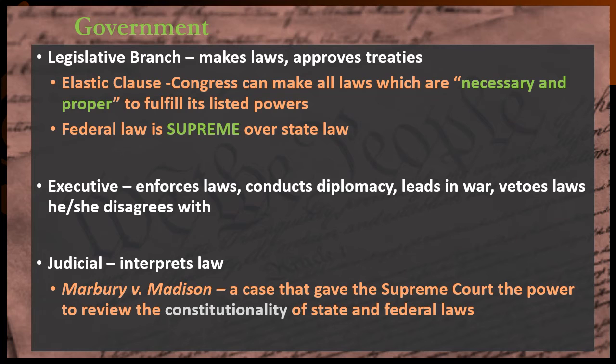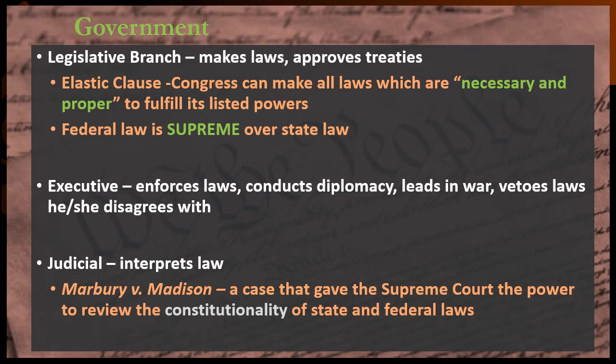And that goes back to the supremacy clause that's in the first set of bullet points. If the Constitution is supreme and federal law is supreme, that means that state laws that contradict the Constitution are unconstitutional, and the Supreme Court can strike down those laws.